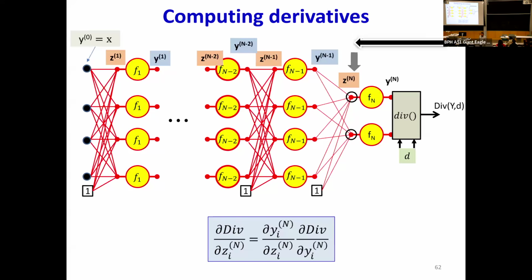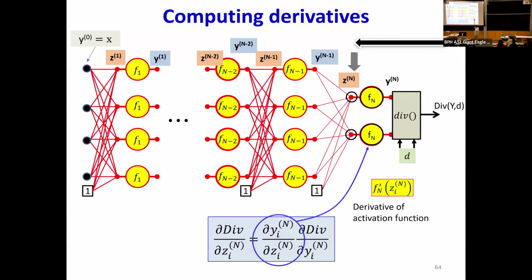And so that's easy. I can just say the derivative of the divergence with respect to each of these z's is going to be the derivative of the divergence with respect to this y times the derivative of y with respect to z. And what is the derivative of y with respect to z? That's simply the derivative of the activation function, right? And so this term, the derivative of the divergence with respect to y, is already known at this point.